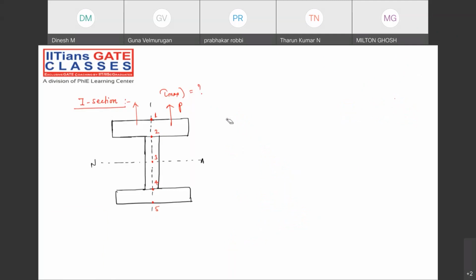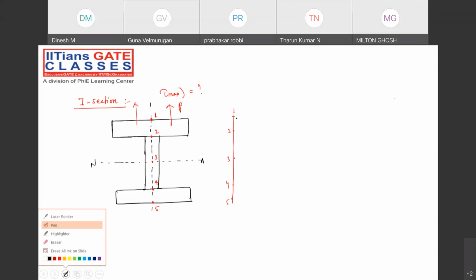See. So here if I draw point number 1, point number 2, point number 3, point number 4, point number 5. First of all, you know that between the points, the diagram will look something like a parabola.